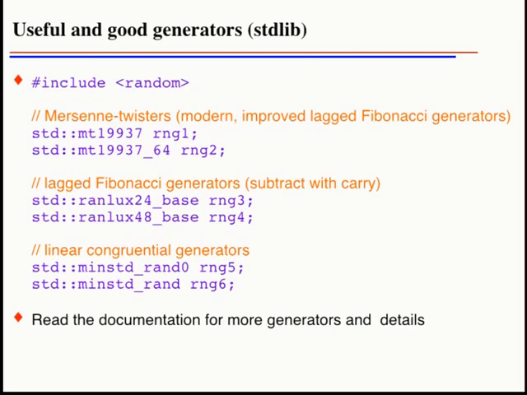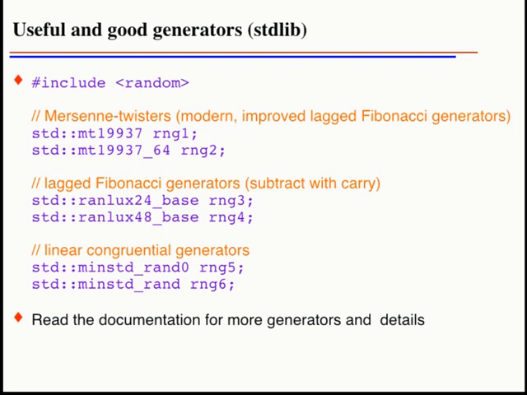A few examples of random number generators. They are in the random header of the standard library. A good choice is usually the Mersenne Twister random number generator. You have a few variations of them. I'm just listing a few. If you really want all the details, you can go to the reference documentation and see a really huge list of generators that you can use.